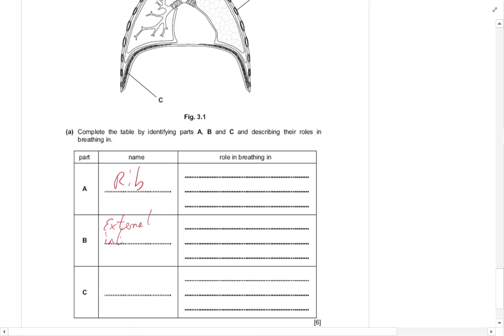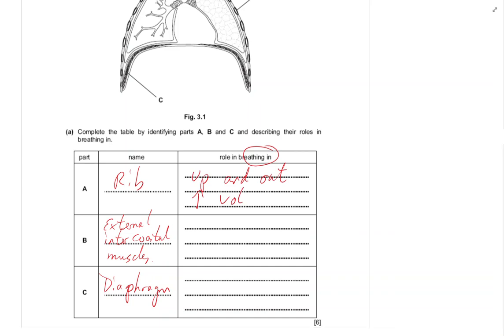External intercostal muscle, and C is the diaphragm, and this is in breathing in, so the ribs move up and out to increase the volume and decrease the pressure, so air gets sucked in.